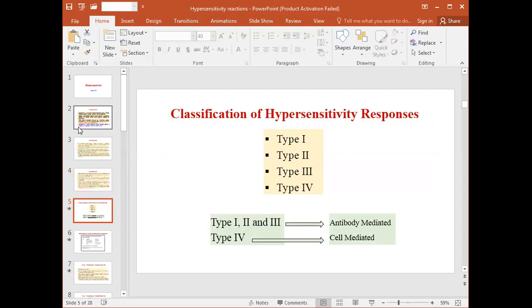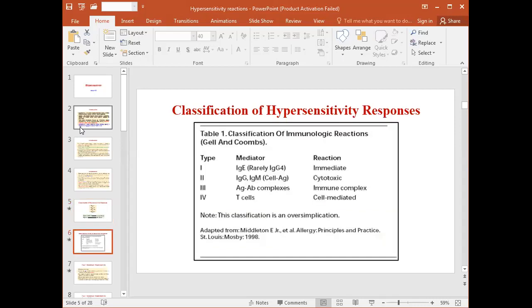So this classification classifies the reactions depending on their time scale and etiology, producing four separate groups. Although the classes are apparently independent of each other, hypersensitivity reactions often involve more than one of the reactions at any one time. So type 1 to 3 are antibody mediated, and type 4 is a cell mediated immune response.